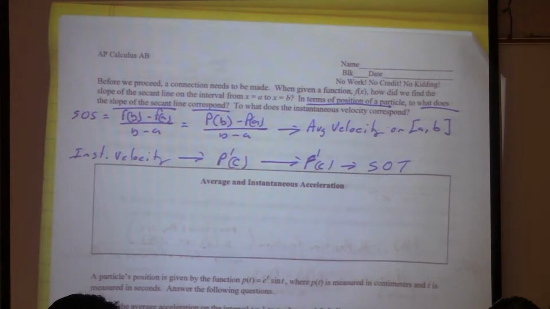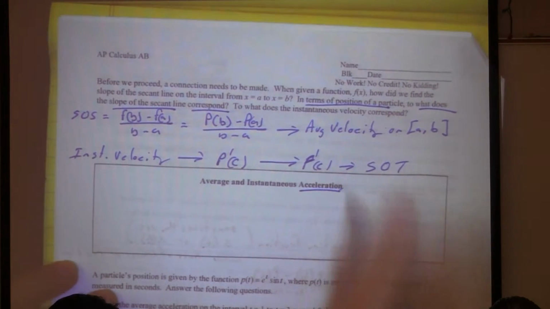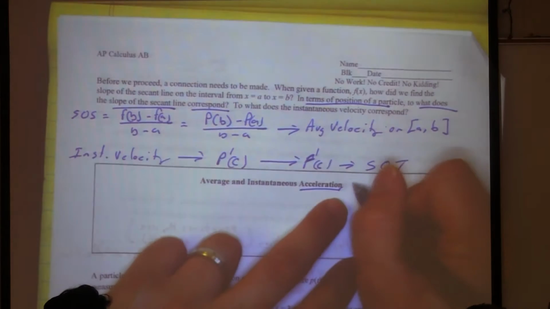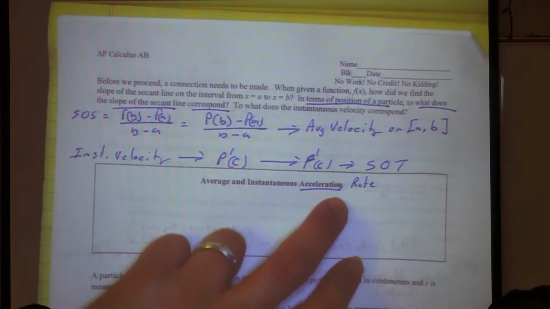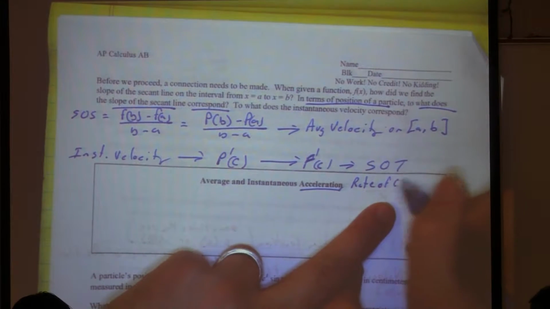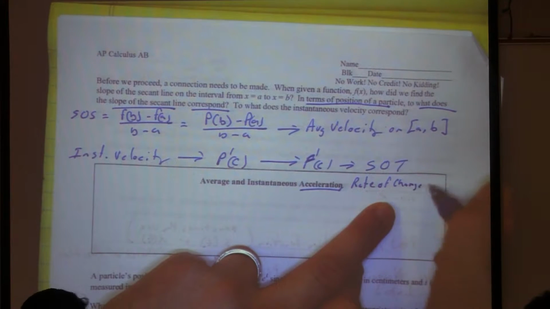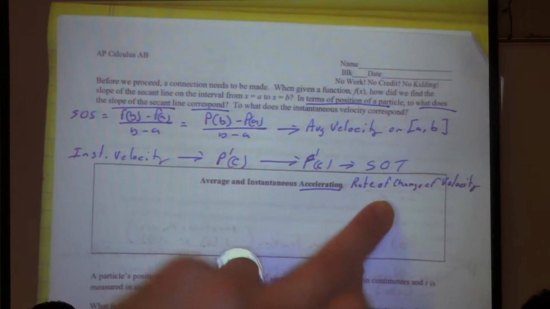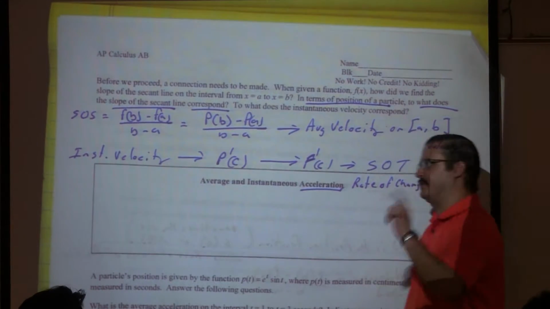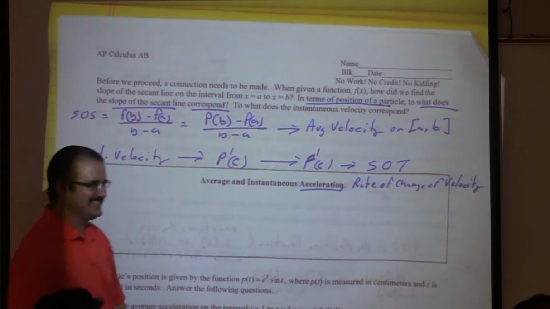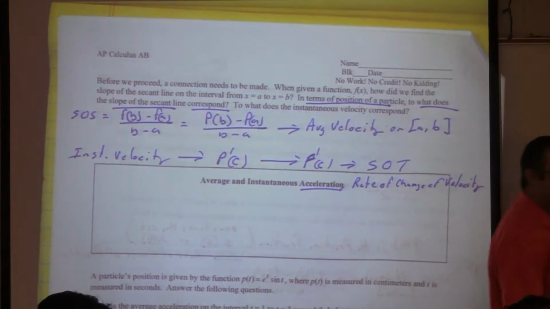All right, ready to move on to acceleration? Acceleration, what is acceleration? Is it also a rate? So it's a rate of change of velocity. Would it be a rate of change of the rate of change of position? Yes. Could we say that?